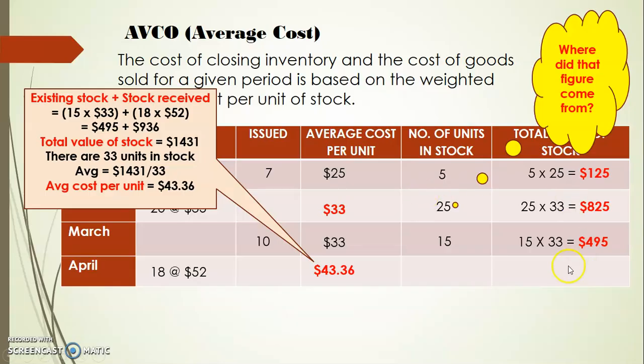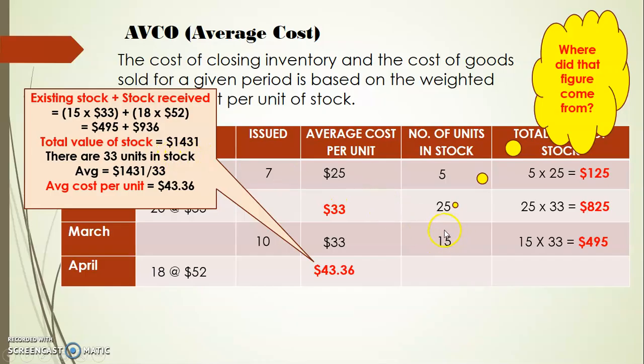In this case, we have in hand 15 reams at $33, so that's $495. We received 18 reams at $52, that's $936. So our total value of stock is $1,431. There are 33 units in stock.